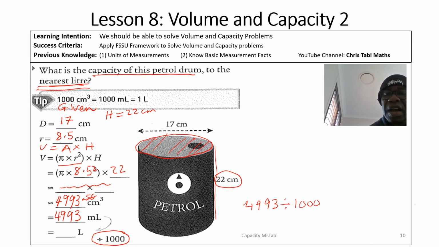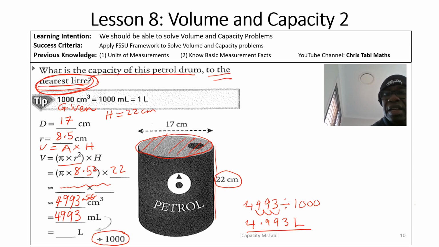And if you're dividing by 1,000, the decimal point is just moving 1, 2, 3. So you got 4.993 liters. Okay, but the question says to the nearest liter.